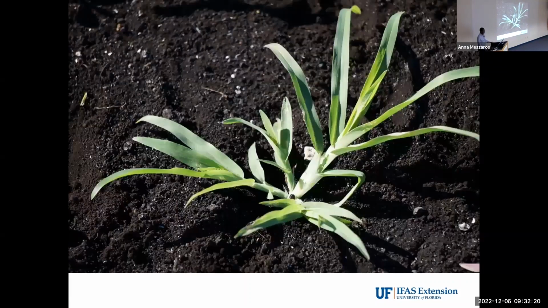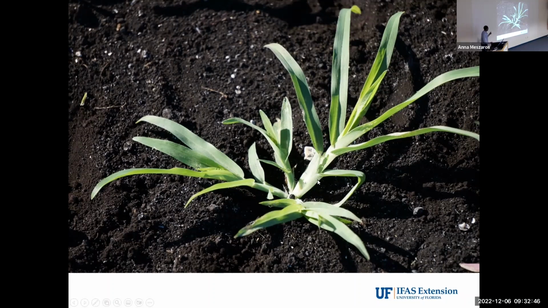And this one? Anybody? We have these nice mugs if you figure it out. Come on. The stems are flat. I don't know if you can see from the picture. No, this is goosegrass.